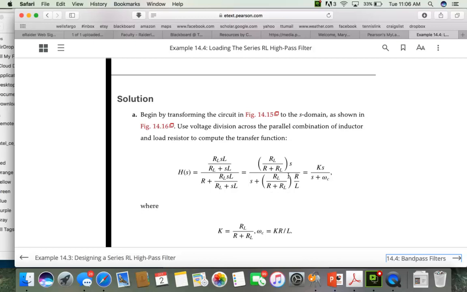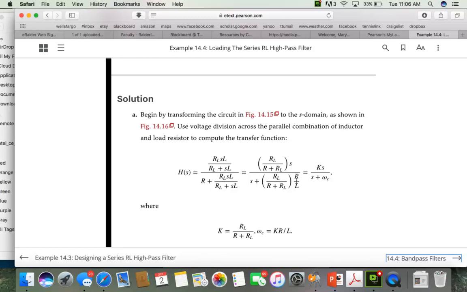Also notice that this ratio shifts the cutoff frequency. So our cutoff frequency for the loaded filter is no longer R over L. It's now this K times R over L. So the cutoff frequency has shifted, and because this term is always less than 1, the cutoff frequency will shift to the left, so it will become a lower frequency.